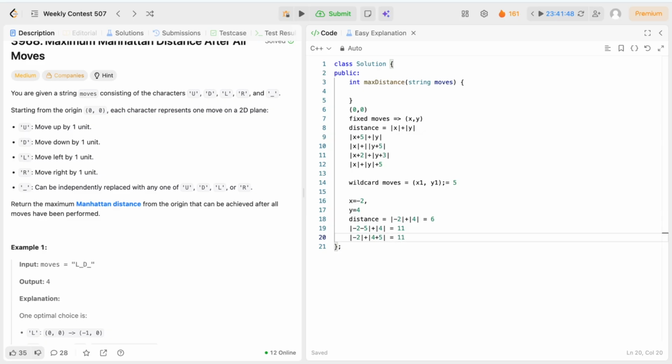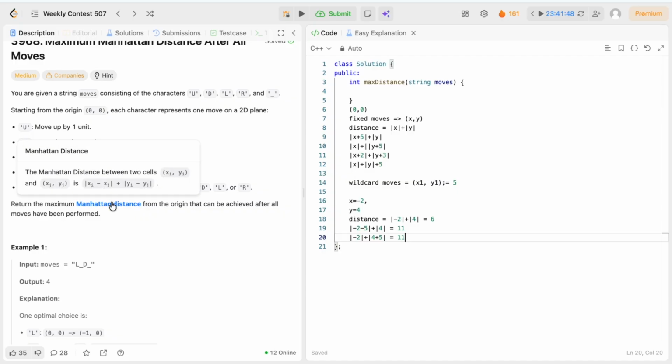Basically, since Manhattan distance is not x square plus y square, it is just the sum of the absolute values of x and y, it is not going to create any problem if we add a wildcard move in any direction, either in the y direction or in the x direction.